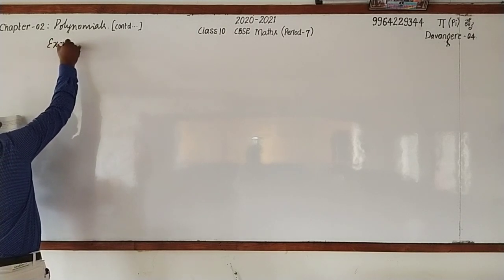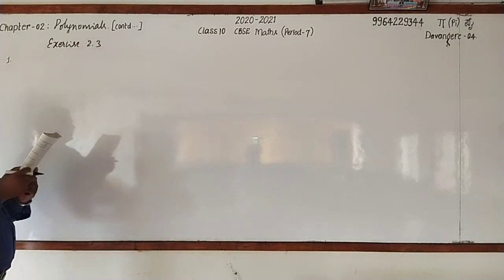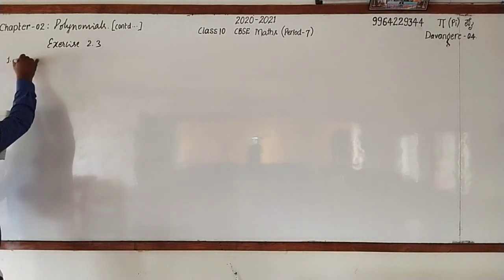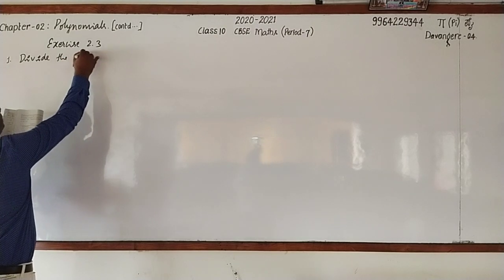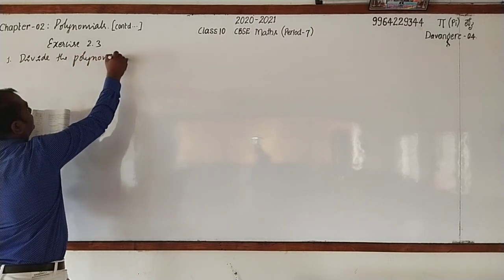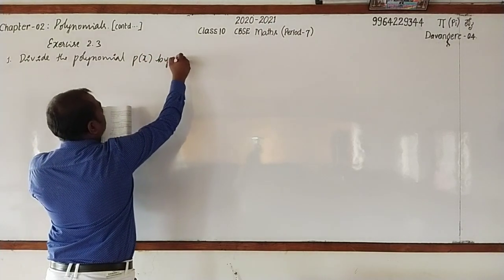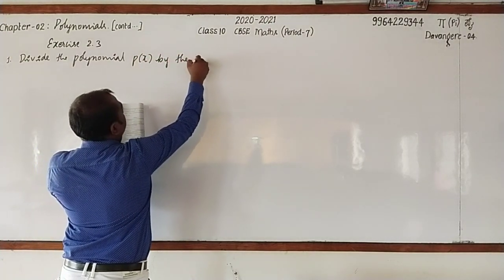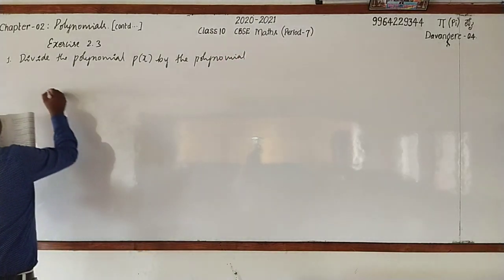Here I'll write exercise 2.3. The first question is like this. Divide the polynomial p of x by another polynomial, g of x.